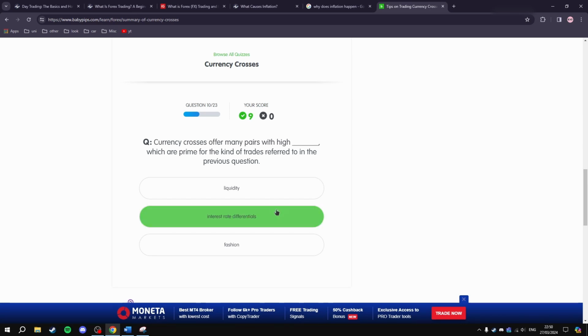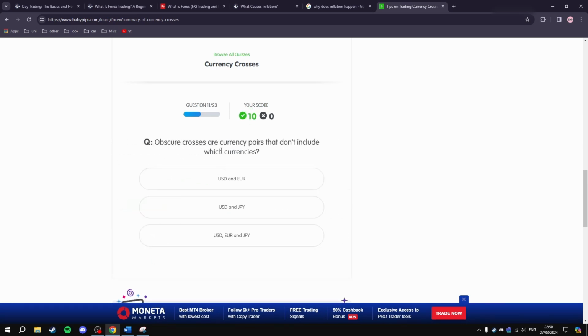Obscure crosses are currency pairs that don't include which currencies? USD, Euro and JPY. Trading obscure crosses usually requires wider stops.